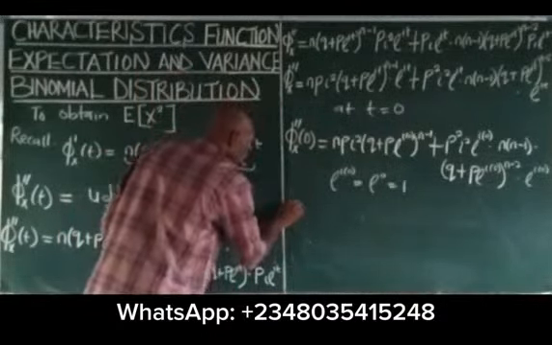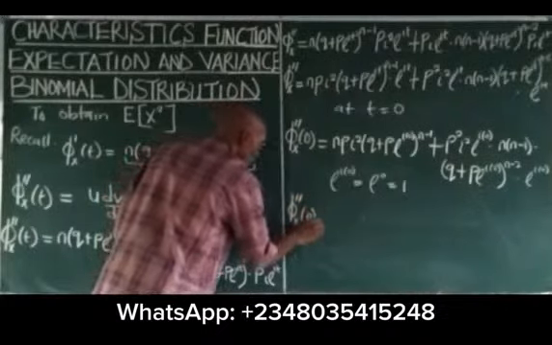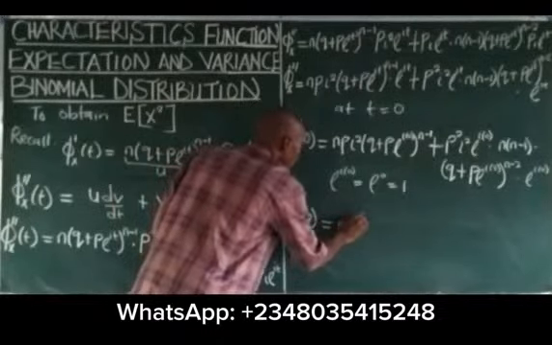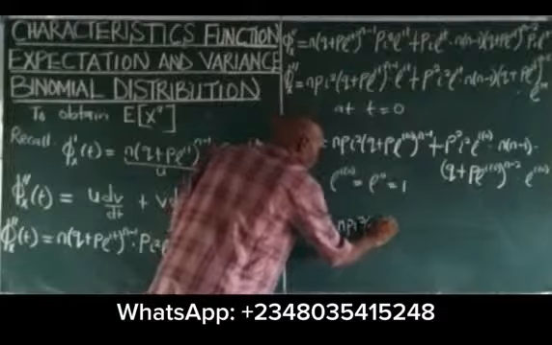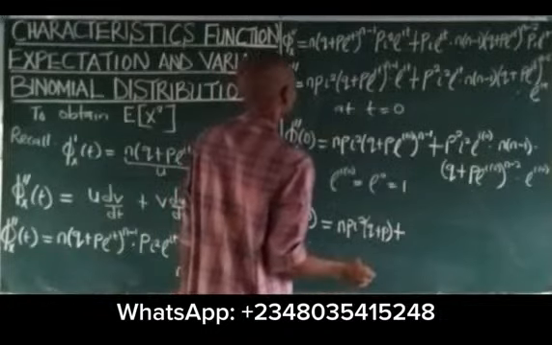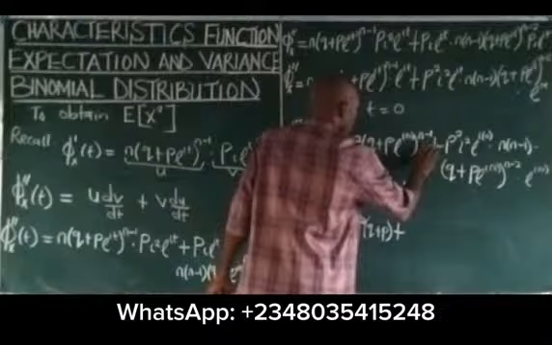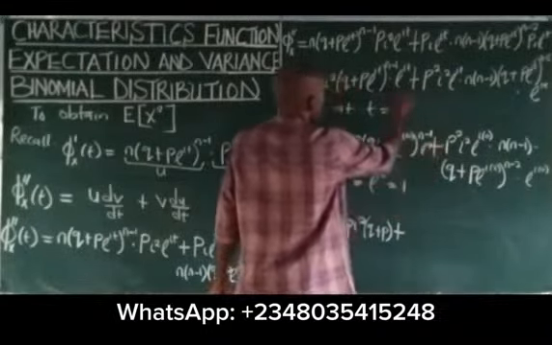It then means that our characteristic function will now be np i squared. We have q plus p only, plus p i0, which is this.